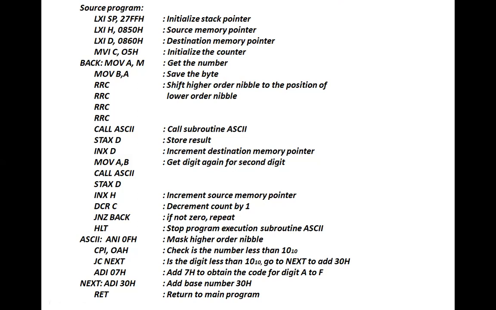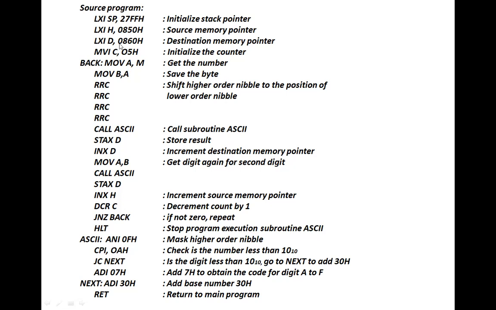The next instruction is to load the source memory pointer where the data is written. Suppose the numbers which have to be converted are available at 0850, 0851, 0852, 0853, and so on.